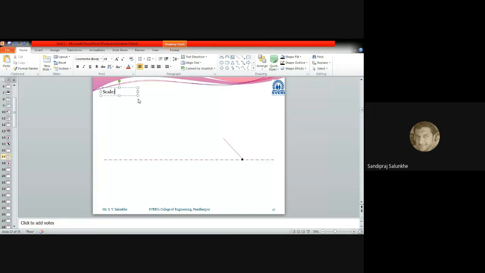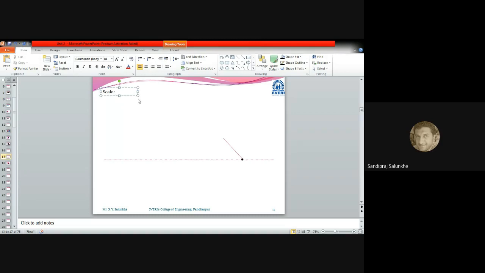Can anybody suggest what scale I can take so that I can cover 2 meter and 0.5 meter also? 0.5 meter is equal to 1 centimeter.